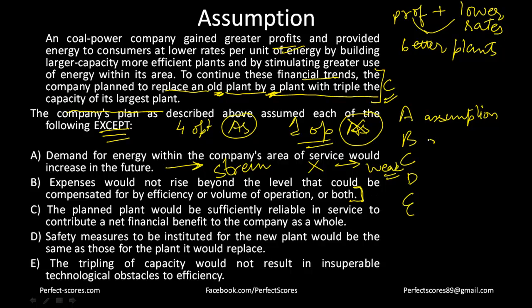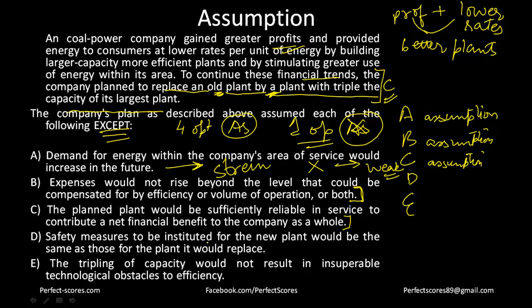That means B is also an assumption. Coming down to C. C says the planned plant would be sufficiently reliable in service to contribute a net financial benefit to the company as a whole. Again, it is saying that the new plant would definitely help in achieving the profits that are planned. So that means that C is also an assumption.